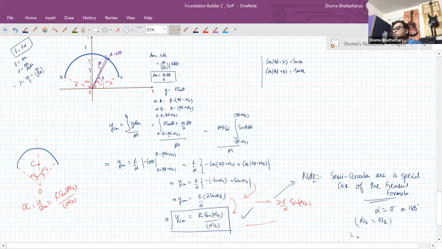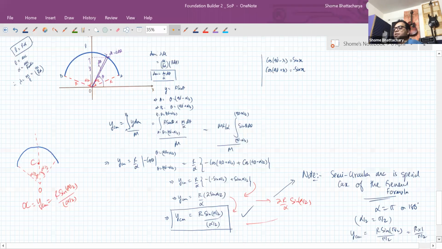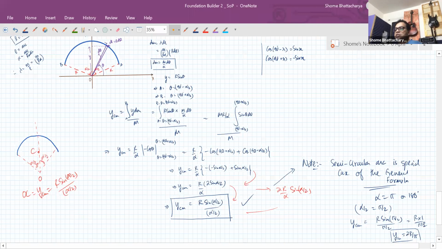The formula of the y coordinate of the center of mass becomes r sine pi by 2, which is 1, divided by pi by 2. So again it's 2r by pi. Once you are familiar with the general formula, you don't need to separately remember the formula for the semicircular arc. It's just one particular case of the general formula, which is the more useful one.